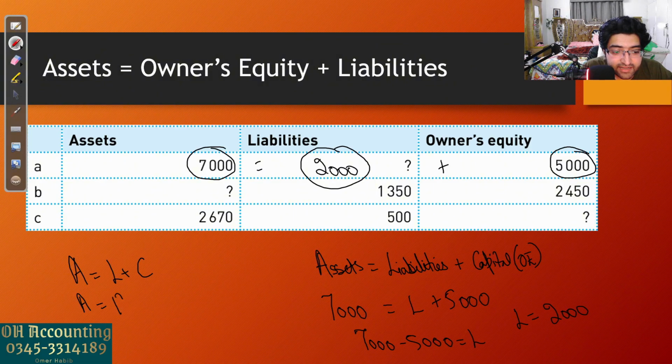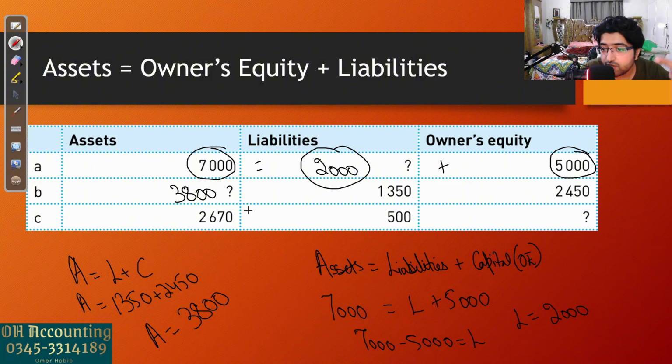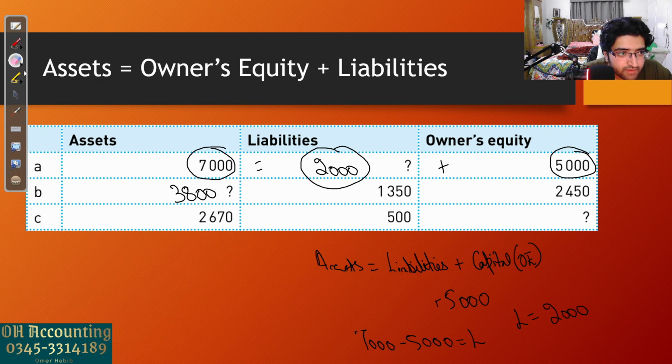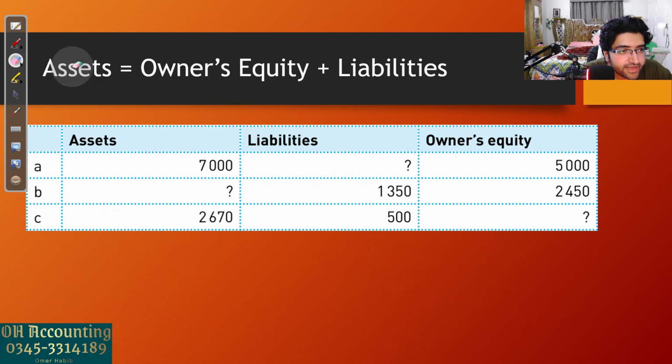Liabilities are 1,350 and then capital is 2,450. So you can add these. I think it will be, let me check, 3,800. So very simple and straightforward. I'm using the accounting equation to find the unknown item. And you can also do the third one on your own. It is basic stuff. So I will erase this and move on to the next slide.